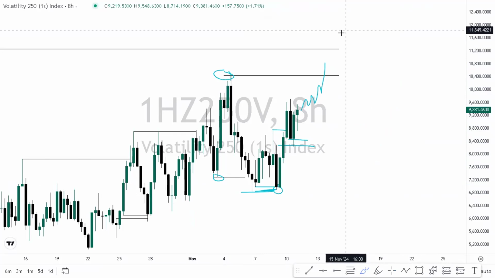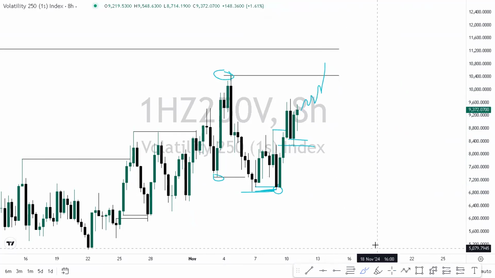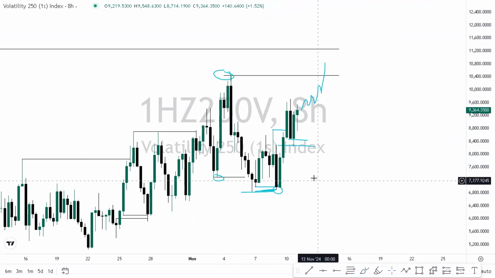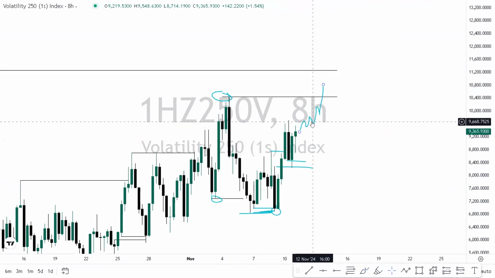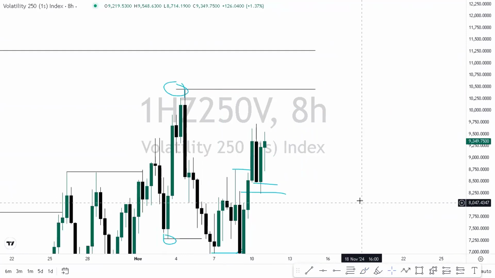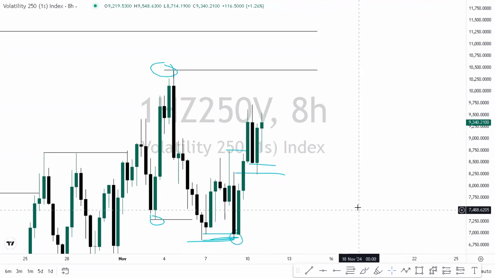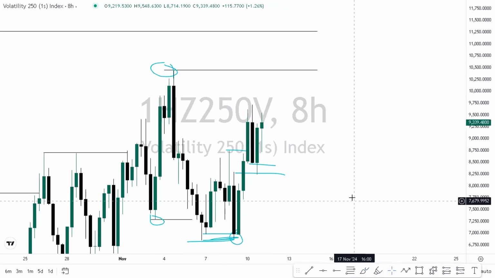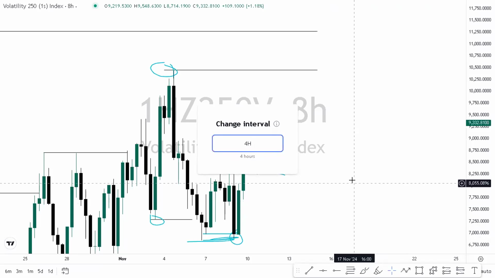Depending on price action and intentions, because it is one thing to get a reaction and another to understand intentions. Now, 8 hours for our time frame.